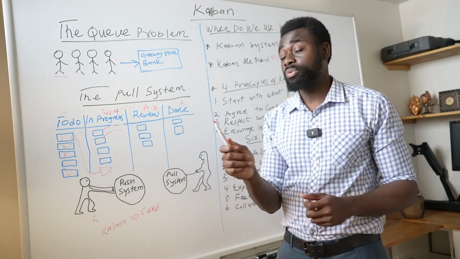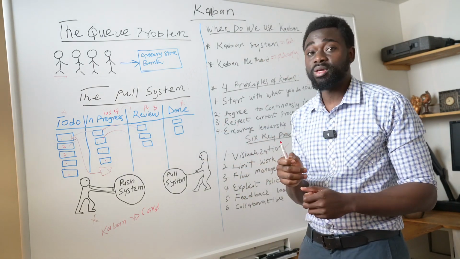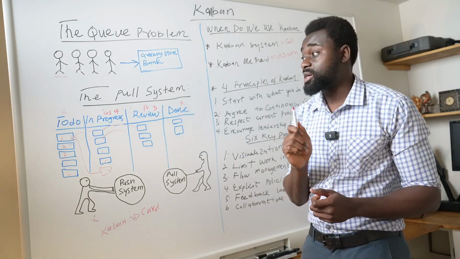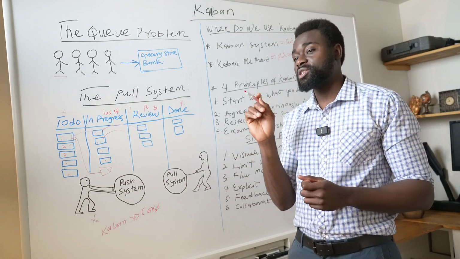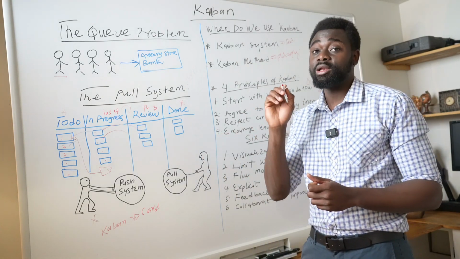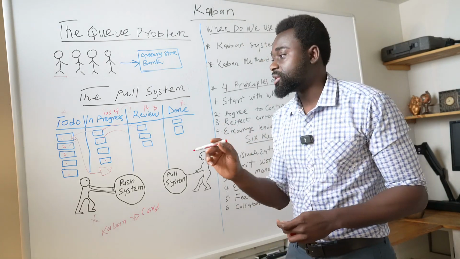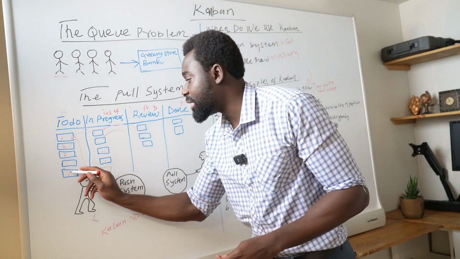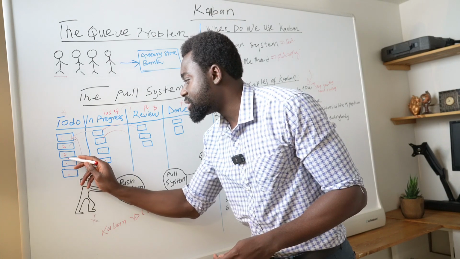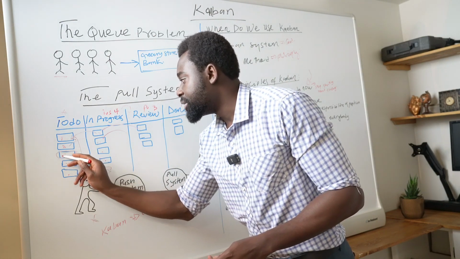And in software development as well, there will be an exception to this rule, where maybe there will be a critical bug that we need to fix. If we don't fix that bug as soon as possible, the company or the organization is going to be losing a lot of money. Then we will have to prioritize. So let's say this bug number 3 is a critical type of bug.